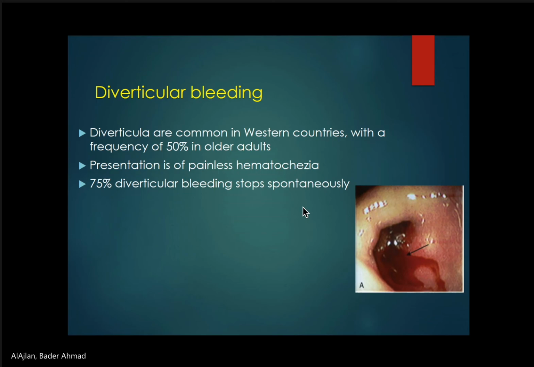Usually they have, and that's the key of lower GI bleeds, trying to identify it, painless hematochezia. And usually this kind of bleed stops spontaneously in more than 70% or 75%.